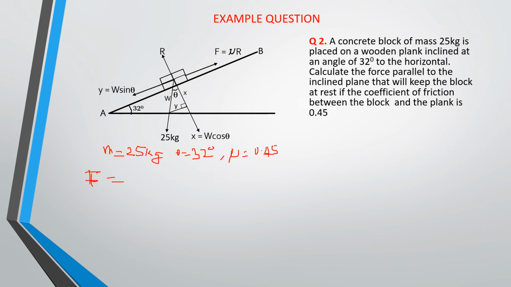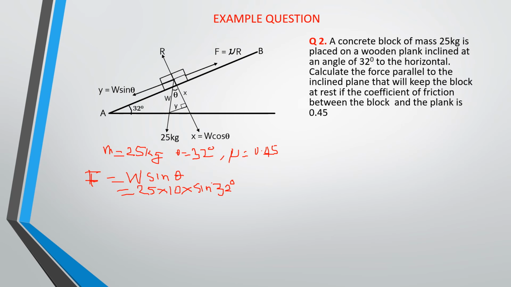is equal to W sine theta, which is equal to mg, 25 times 10, multiplied by sine of 32 degrees.